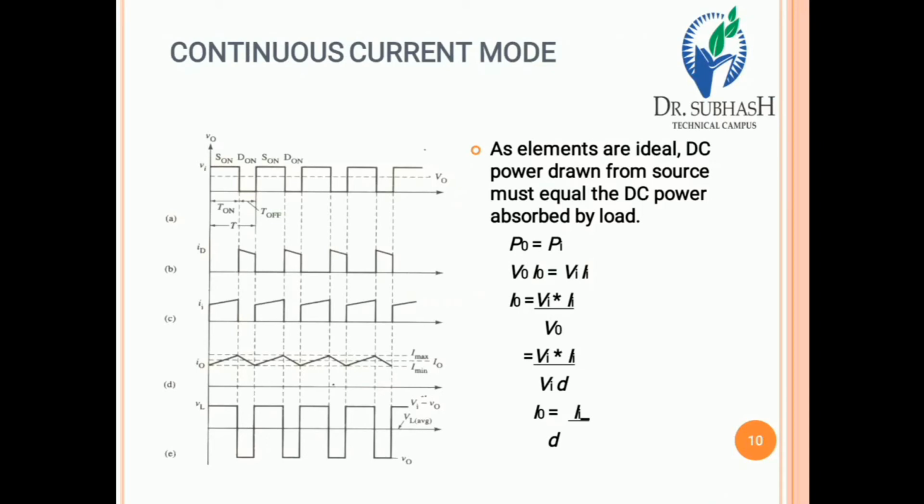In the second waveform, we are getting the current ID, right? During the negative half cycle, when the diode turns on, we get the current ID.